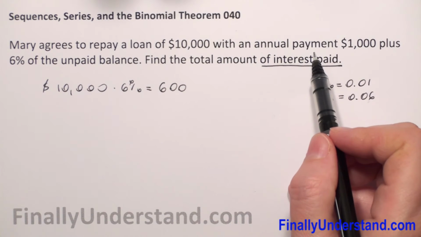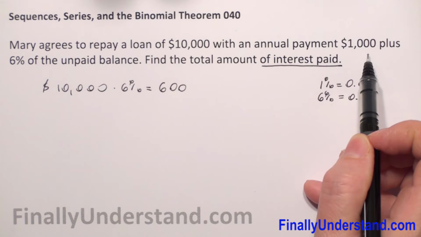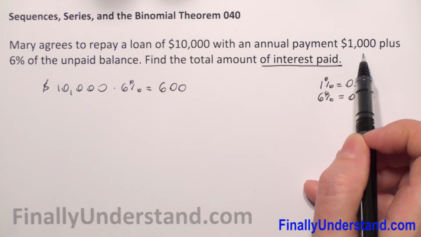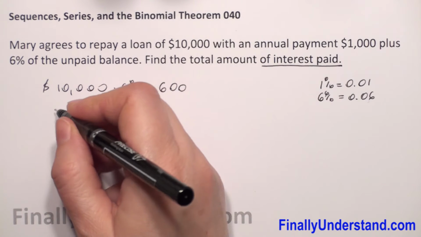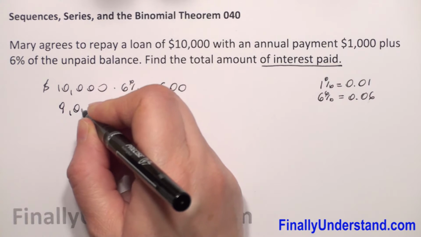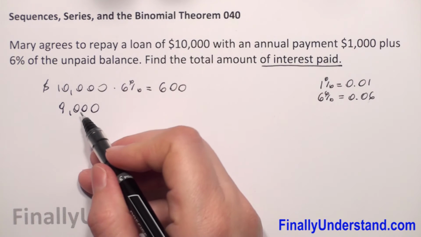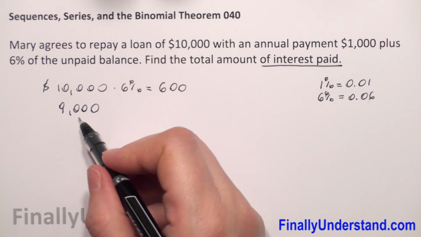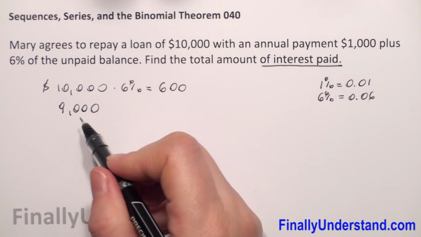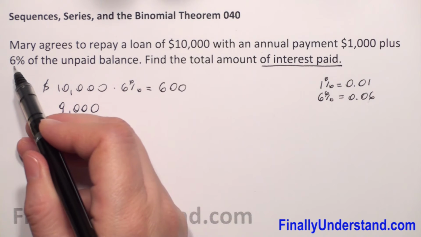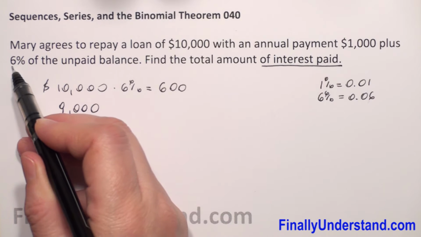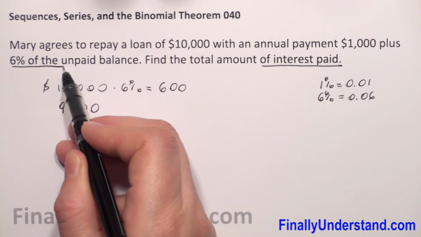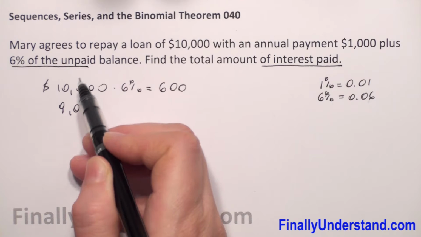Next, she make payment $1,000. So when she pay $1,000, now she has $9,000 to pay. And we know that from this $9,000, she has to pay 6% of interest.